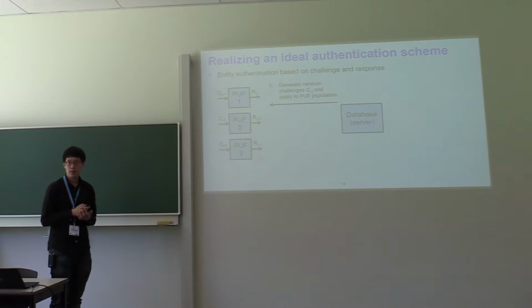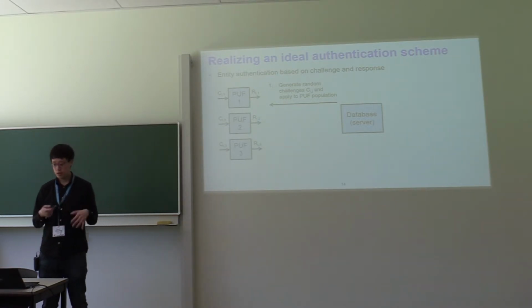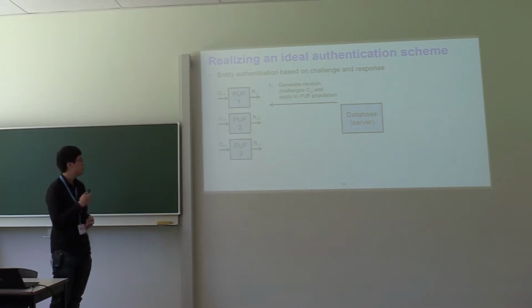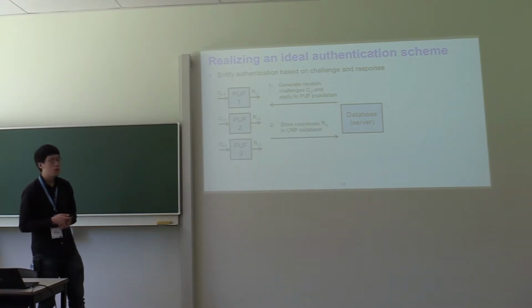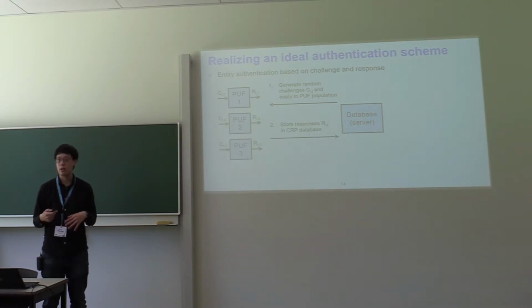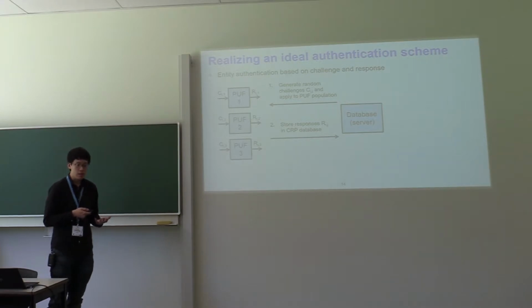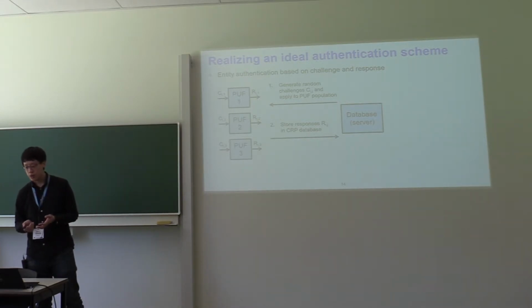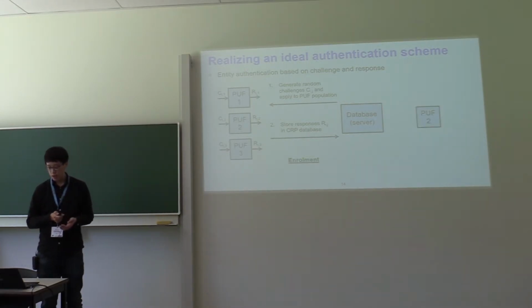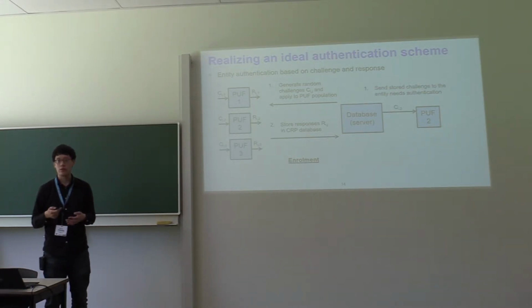The first step is for the server to generate a lot of random challenges to these PUFs, collect back all the responses corresponding to these challenges, and store them in the database. When the server wants to authenticate one particular device, it sends a recorded challenge to this device.